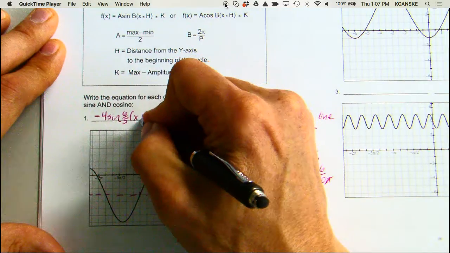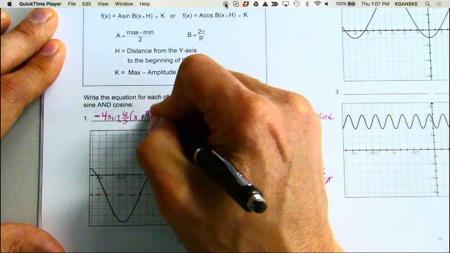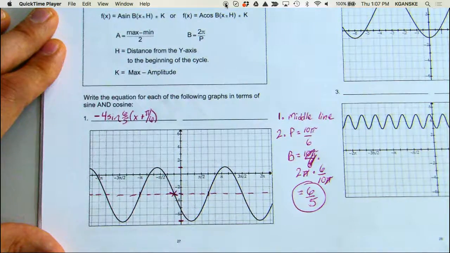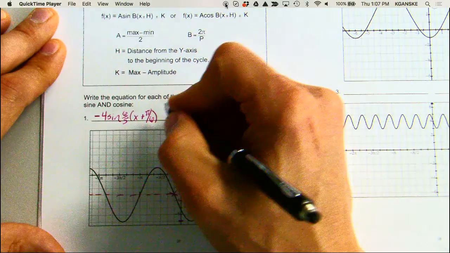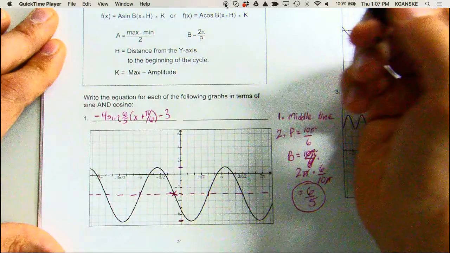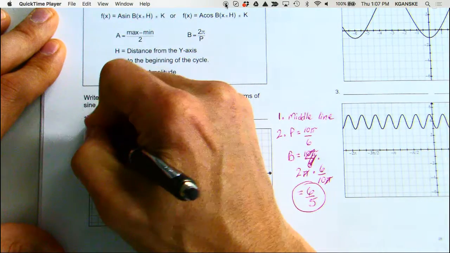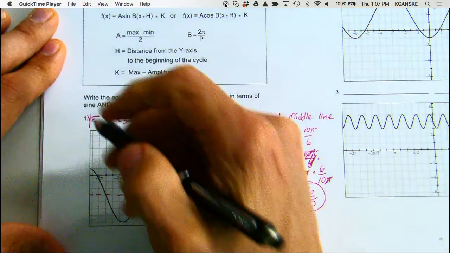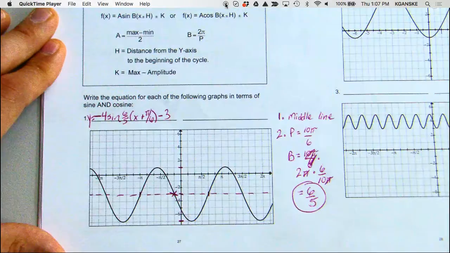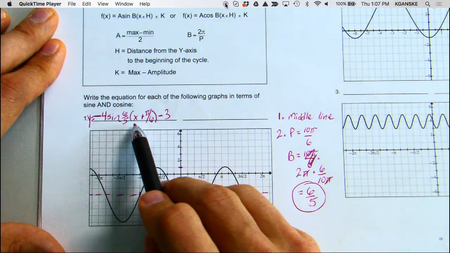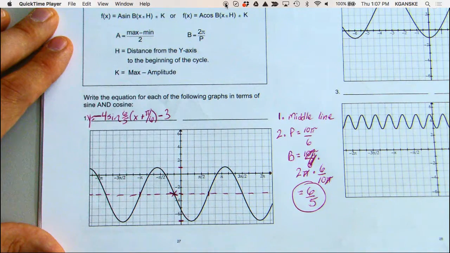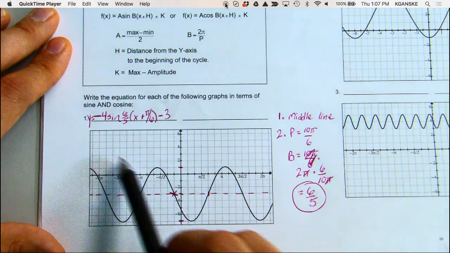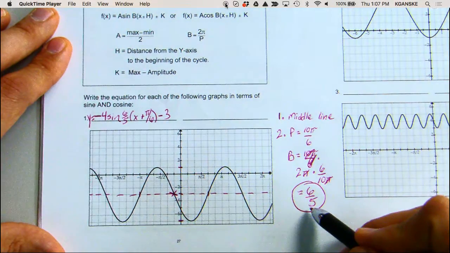So this is going to be plus pi over 6 on the inside. And then I've moved this anchor point down. How much? 3. So minus 3. So my graph y is equal to minus 4 sine 6/5 x plus pi over 6 minus 3. Okay? Not that big of a deal. This is really the only challenge.